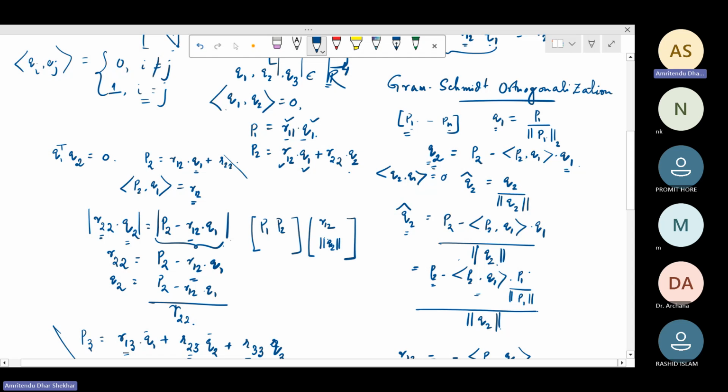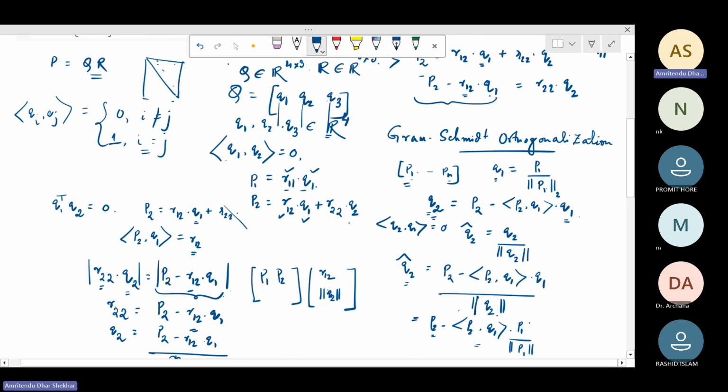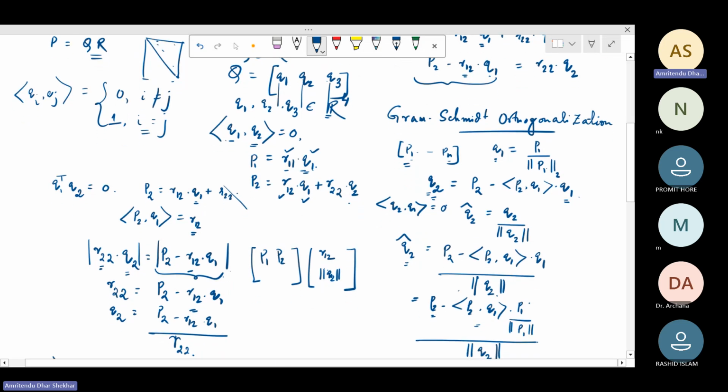So now you may think that, okay, there are too many variables to solve and too few equations, but that's not actually the case. You have additional constraints with you, and the constraints are that each of these Qi's have unit norm, and the Qi's and Qj's are also orthogonal to each other. So you have to use this fact.